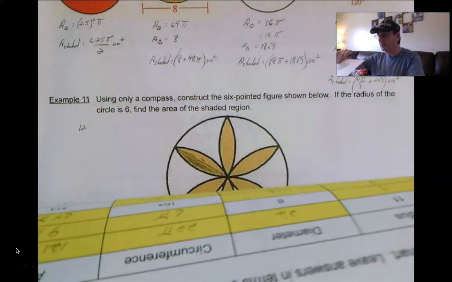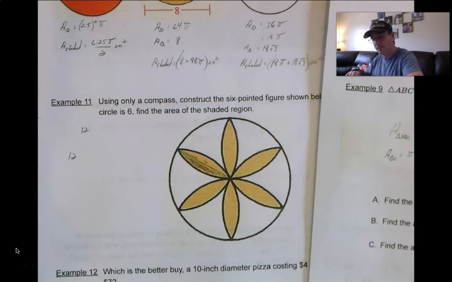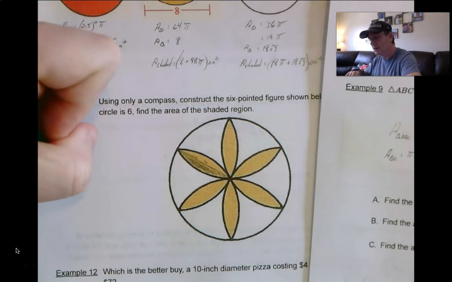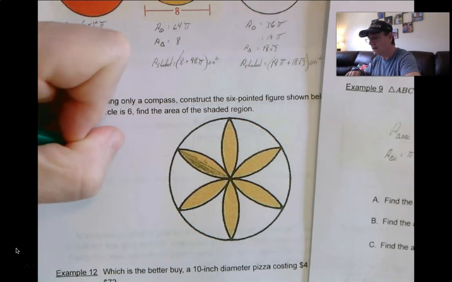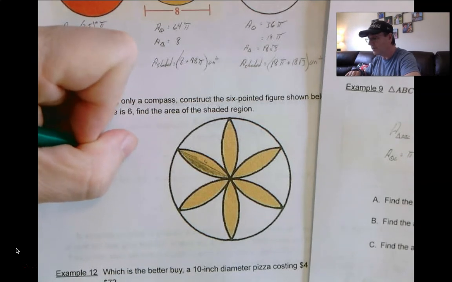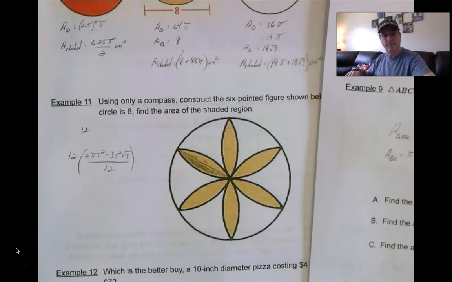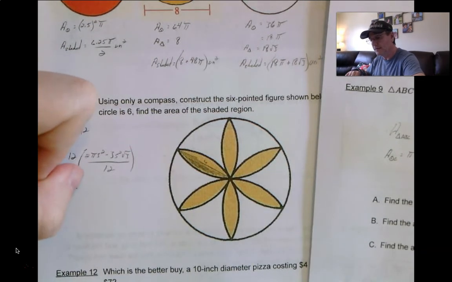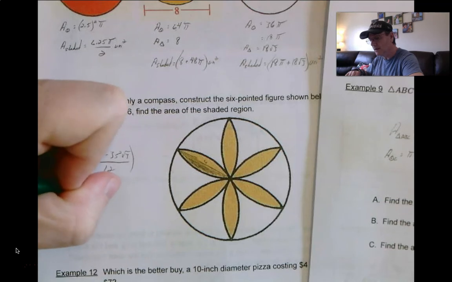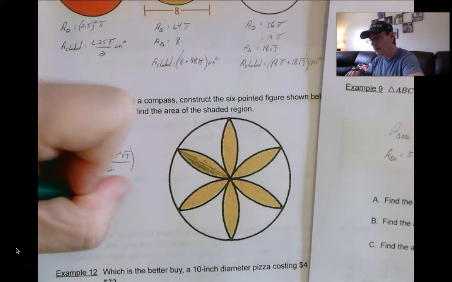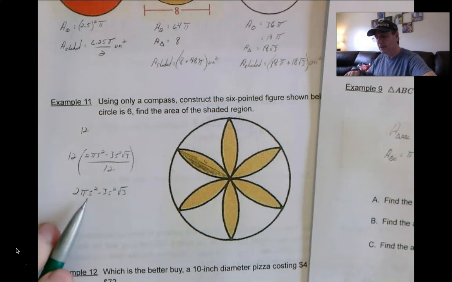So for this problem, we're going to use 12 times 2 pi s squared minus 3 s squared root 3 over 12. So really it's 2 pi s squared minus 3 s squared root 3, and s is 6.